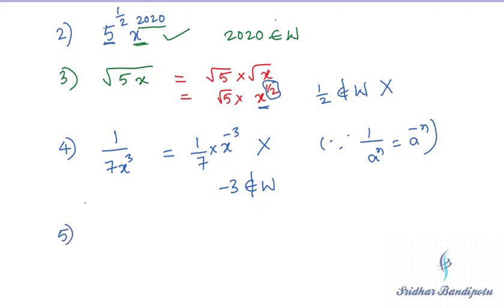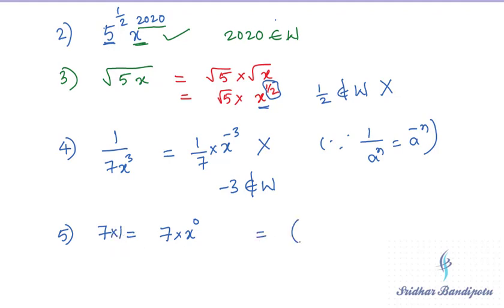Now let's take 7, only 7. Now 7 is a polynomial or not? 7 we can write as 7 into x to the power of 0, because 7 we can write as 7 into 1.